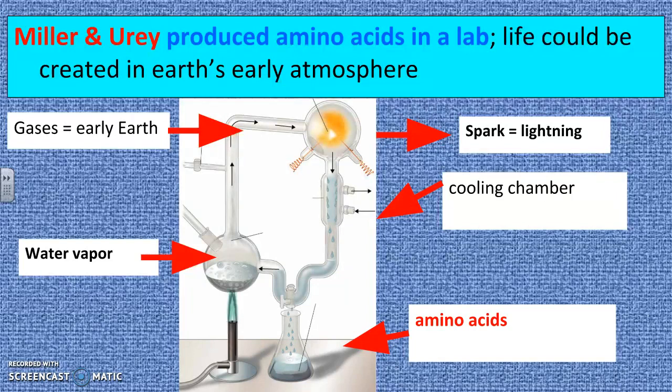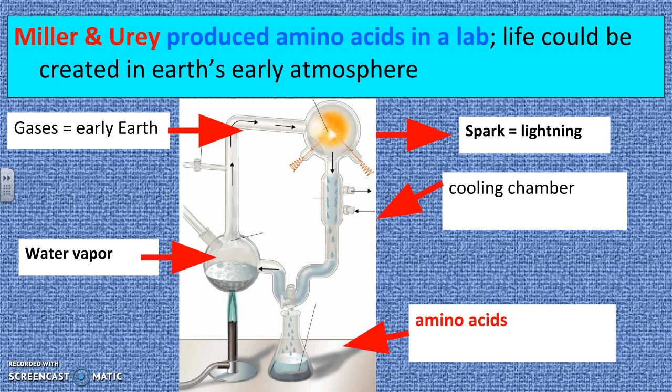conditions. So they started off with water vapor because remember, it was so hot in Earth's early atmosphere because of the volcanic eruptions, with all the lava and the magma, that Earth's water really didn't stay a liquid. It was more of a water vapor, or gas form. So they had water vapor, and then they had those gases: the hydrogen cyanide, carbon monoxide, things like that.